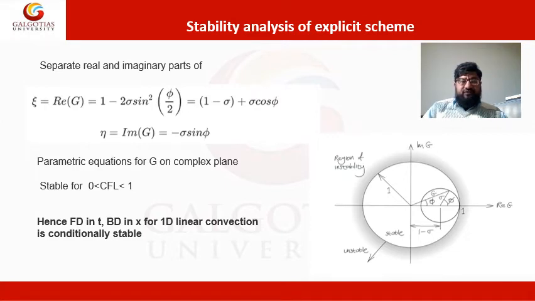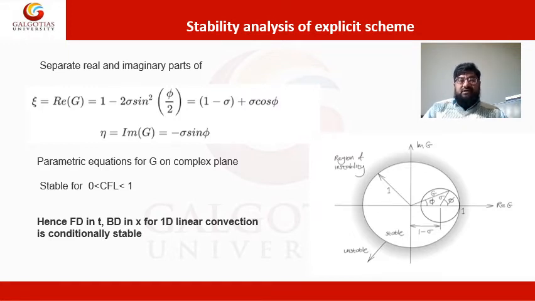So if you see that G in the complex plane is a circle with a center at 1 minus sigma and with a radius of sigma. So obviously sigma must not be greater than 1, which is the radius of the unit circle, for it to lie completely inside the unit circle and to ensure stability.